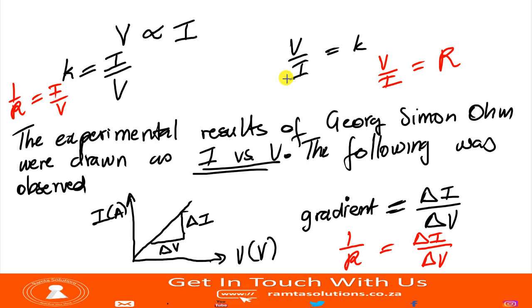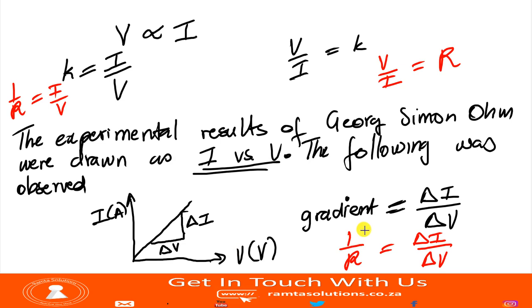So be careful, guys, what you are having in your experiment. Normally, in this section, they give you a graph like this, and they ask you, what is the slope? What does the slope represent? Be careful. If you are given I versus V, the slope does not represent resistance, but rather it represents 1 over R, which we refer to as resistivity.